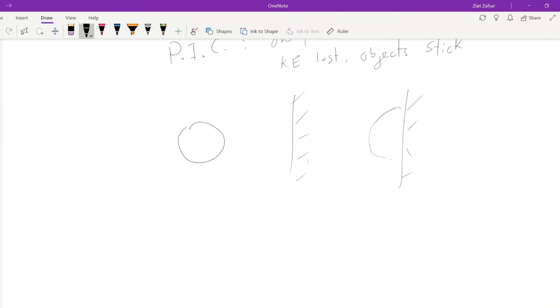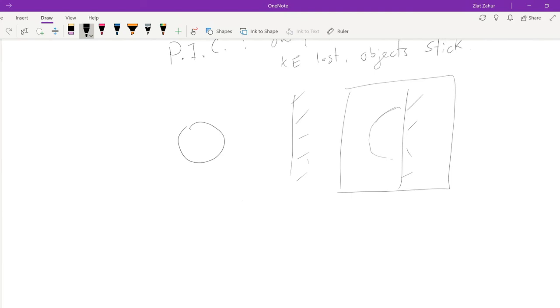During the collision, of course, all forces that happen, the collision forces, are all internal, and that is why the momentum is conserved. There's no external force during this collision. So in this case, the ball and the wall are part of the system, and all collision forces that occur between the ball and the wall are internal forces, and they all cancel each other out.